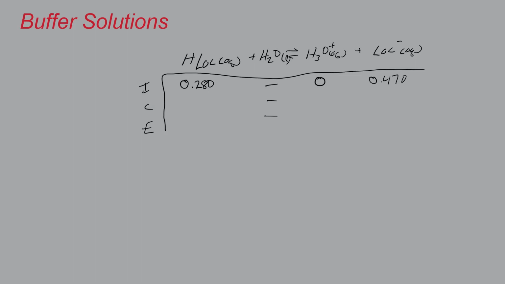Now, because we have no hydronium, you can expect some forward progress to form some, which means that we will also create a little bit of lactate at the expense of the lactic acid. So when all is said and done, we've got 0.28 minus X molar lactic acid, X molar hydronium, and 0.47 plus X molar lactate. And from here on in, it's kind of downhill.